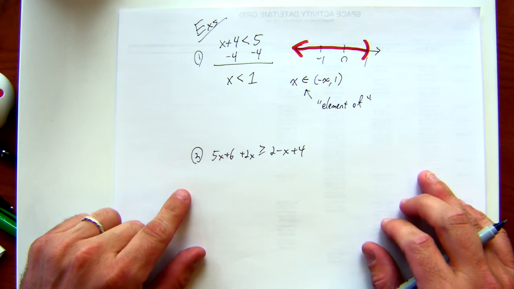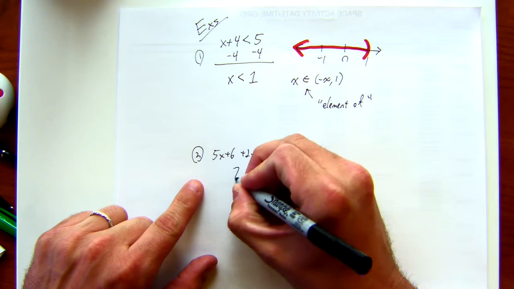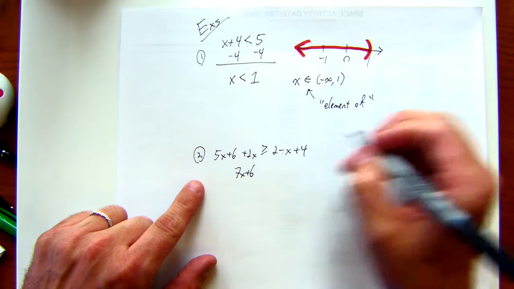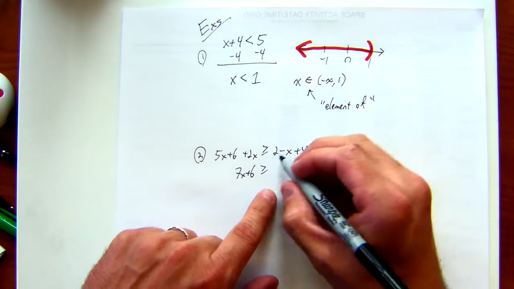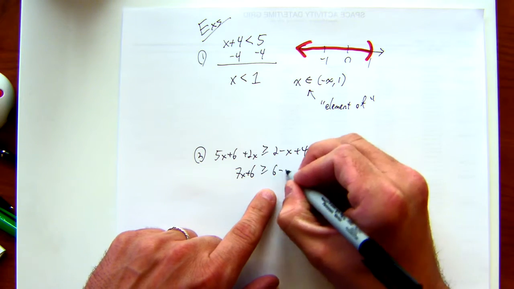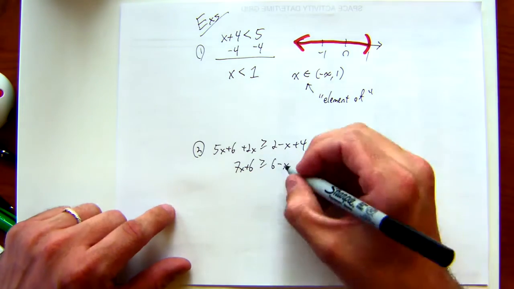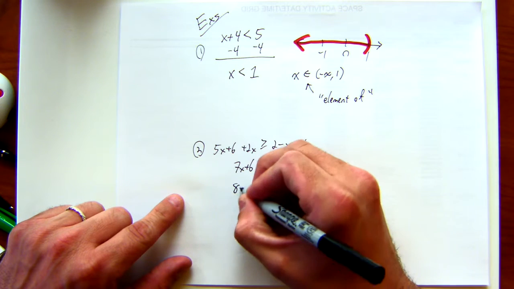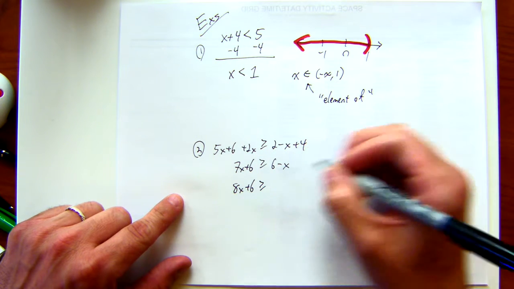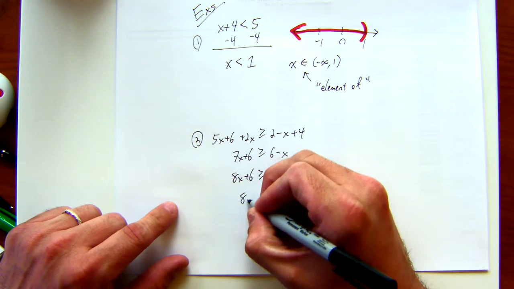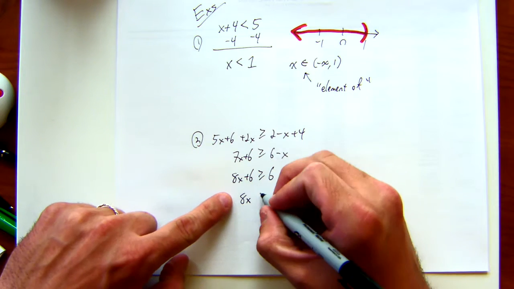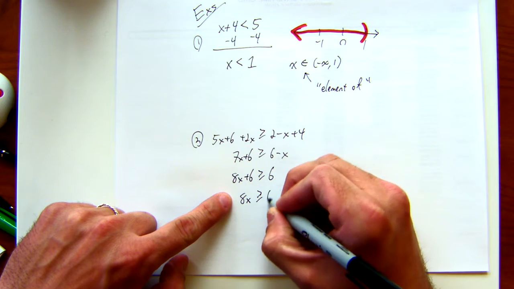Combining like terms on my left, 7x plus 6 is greater than or equal to 2 plus 4, which is 6, minus x. I'm going to add x, so I have 8x plus 6 is greater than or equal to 6. Subtracting 6, 8x is greater than or equal to 0.